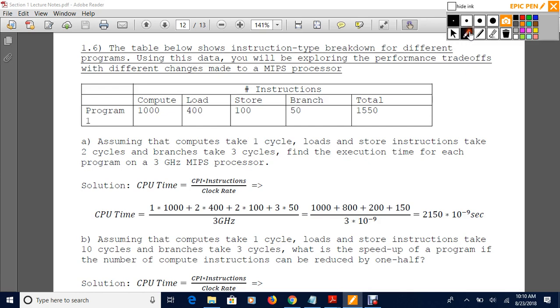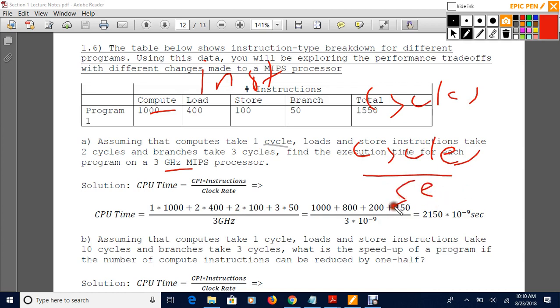So if I'm in an exam and I'm freaking out, okay, I know I have cycles, right? And I know I have cycles per second, and I know I have number of instructions, right? So I start listing those out. So I have cycles, and then I have cycles per second, right?